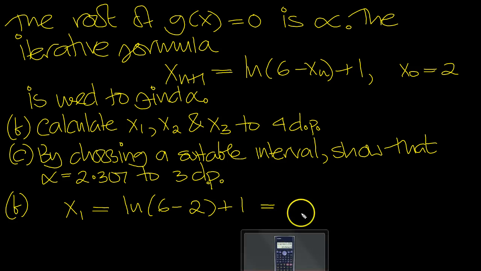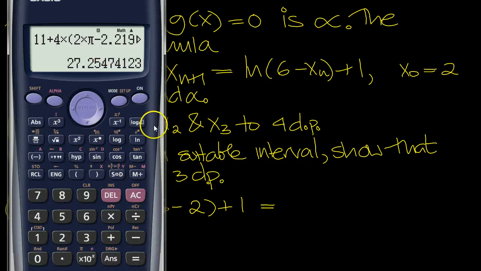So x0 is 2 then, let's work that out then. So 2 equals, so we got that in the answer. So we'll do log of 6 minus the answer, close bracket, plus 1 equals 2.38629.